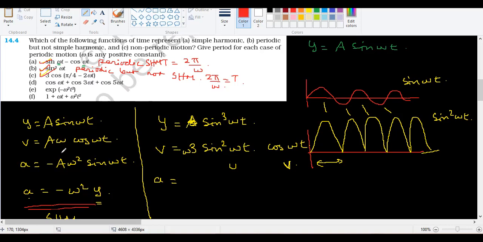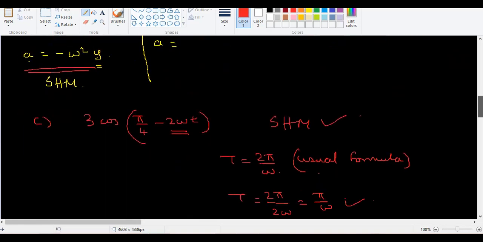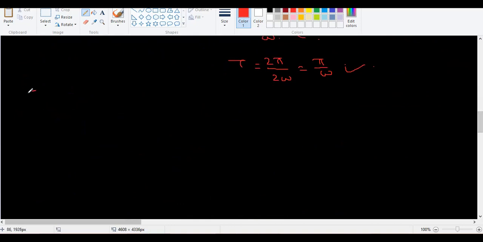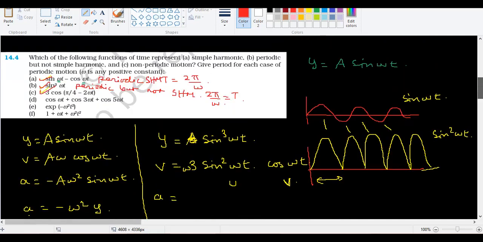As I told you, I will do some Excel simulations for this. You cannot imagine this unless I show you some Excel simulations. So I'll try this later. So what you can do is you can plot cos omega t, you can plot cos 2 omega t or 3 omega t, whatever is given here.